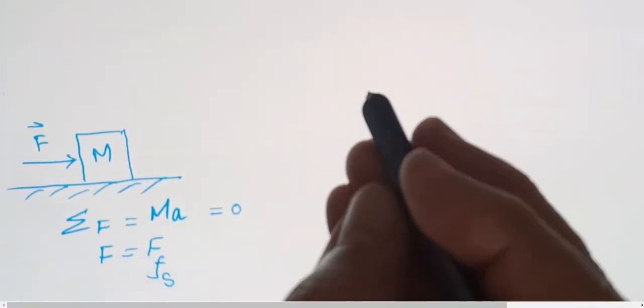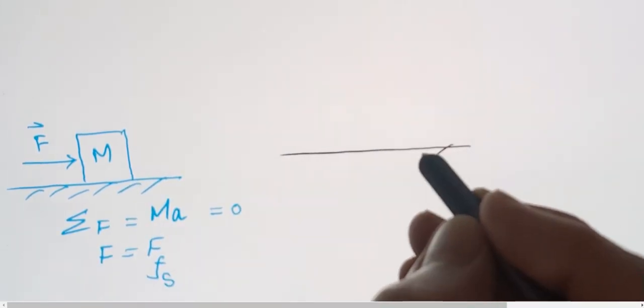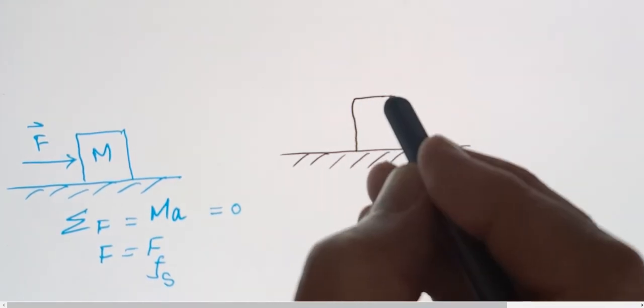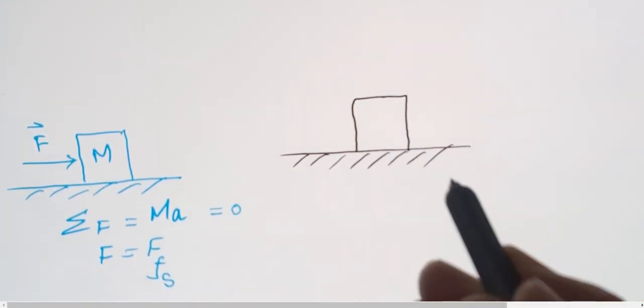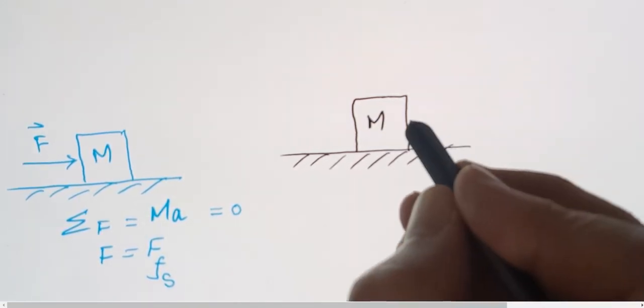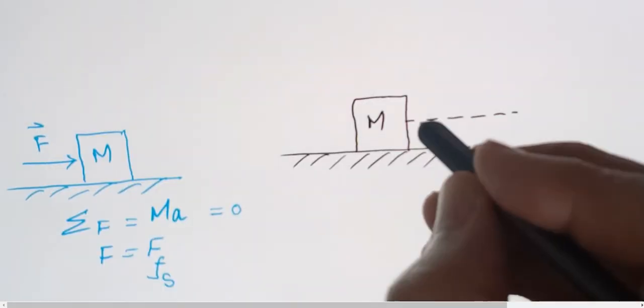Now let's apply this. We have friction, we have our object, and the force is applied with an angle. So this is our force now.